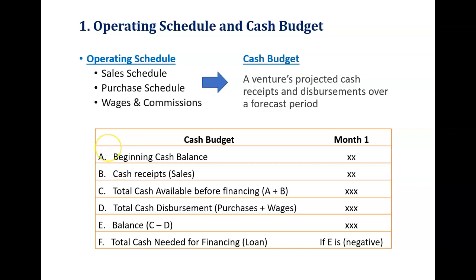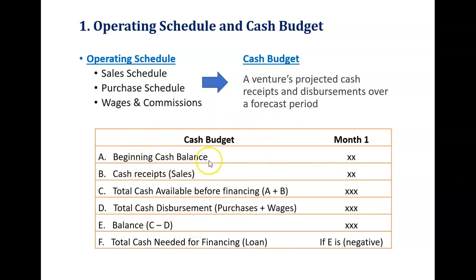It tells you the projected cash receipts, how much projected sales the company will receive, and disbursements, how much money needs to be paid for the purchases and wages. So you have to calculate. These are the examples of a cash budget.